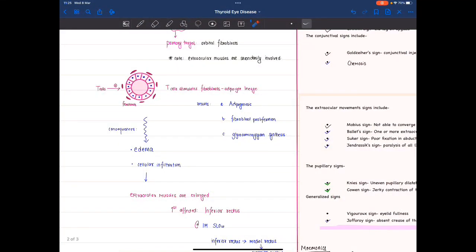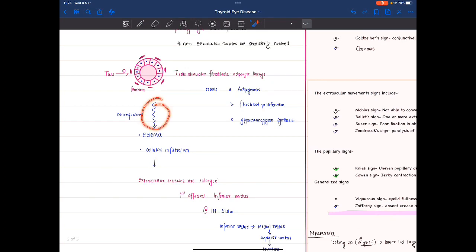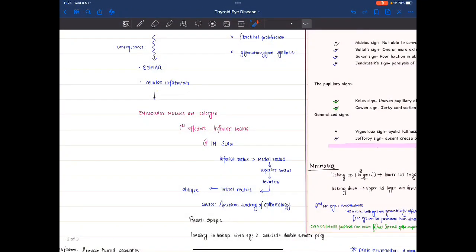As a result, there occur adipogenesis, fibroblast proliferation, and glycosaminoglycan synthesis. As a consequence, there occurs edema and cellular infiltration. Due to edema and cellular infiltration, extraocular muscles are enlarged.